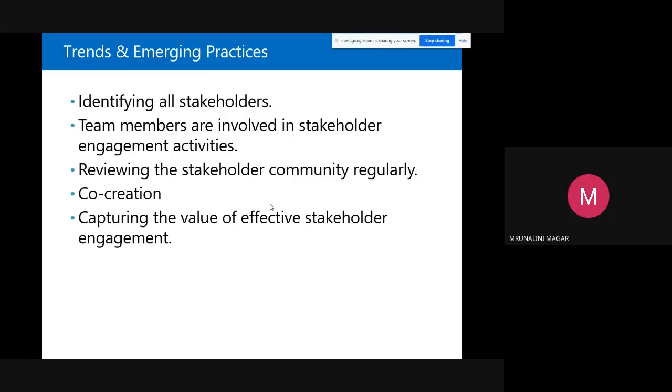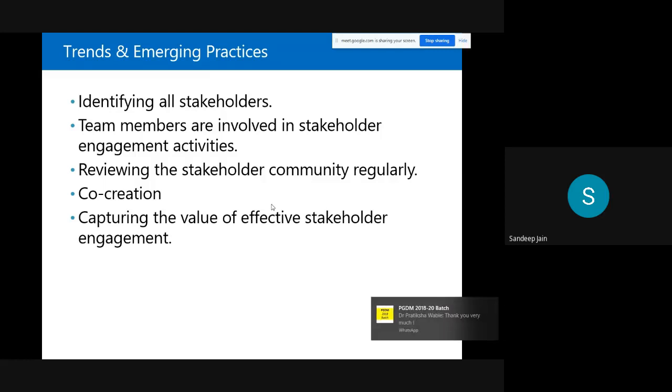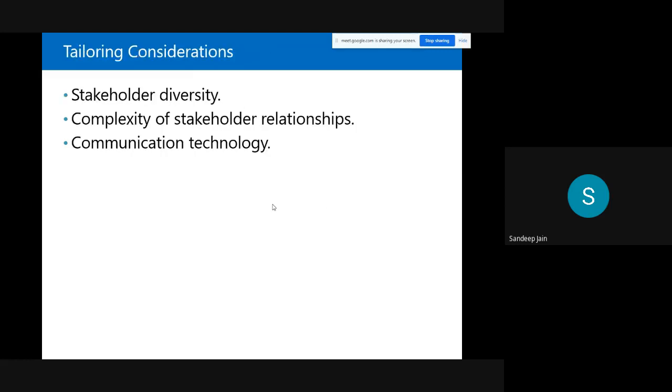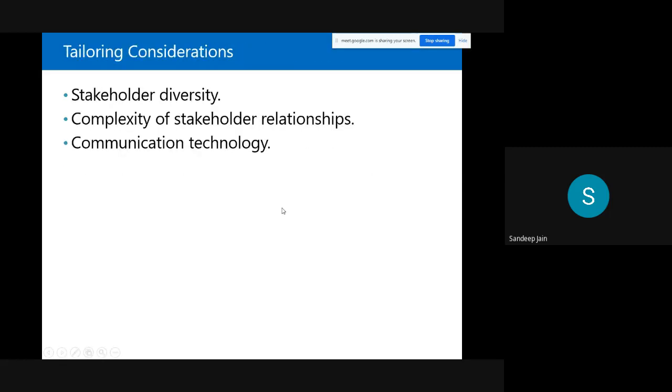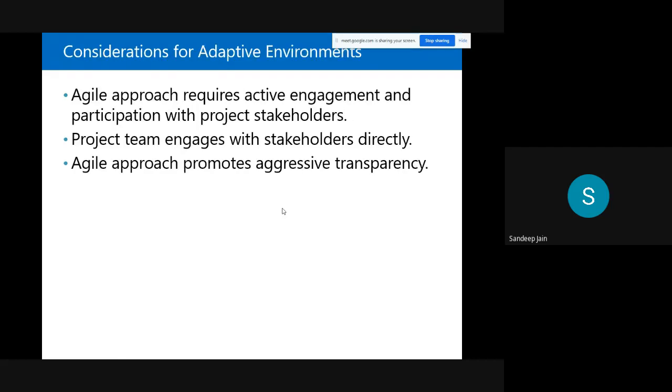So should I read? No, I'm skipping this. Apart from the ITTO, the trends, if it is not very specific, I'll skip that. So these are quite generic, not too much of a value. So the tailoring consideration, unless something is specific, we'll skip it. And again, considerations for adaptive environment.